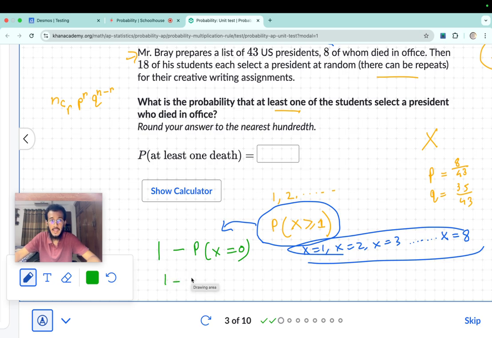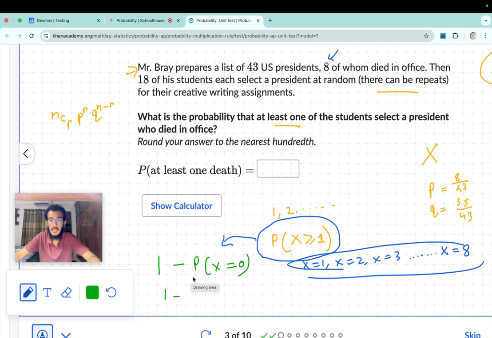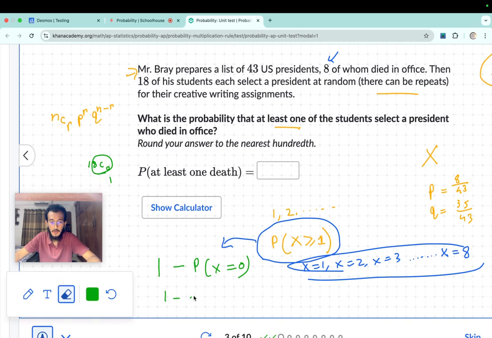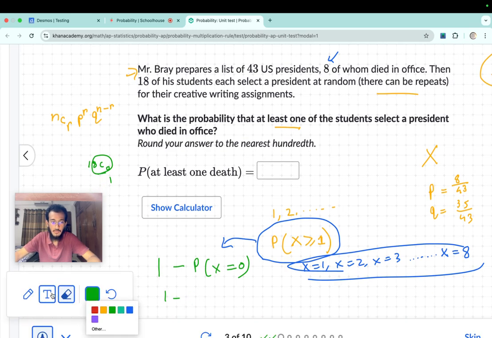So 1 minus nCr. So n is the total number of repeats, which is 18, and we select 0, so that becomes 1 anyway. It's equal whether you write it or not, so I decide not to.